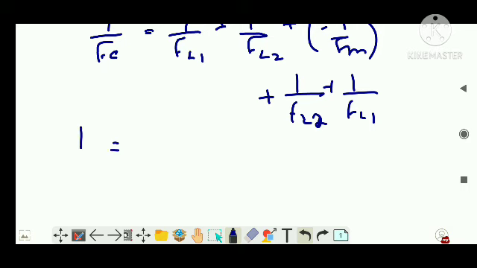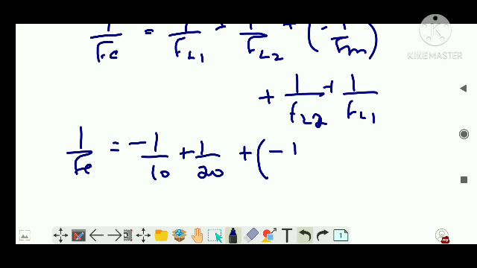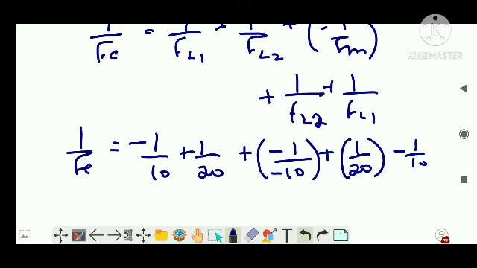That is 1 by Fe, 1 by FL1 is minus 1 by 10 plus 1 by 20 plus minus 10 plus 1 by 20 minus 1 by 10. So this cancels out. No, that is not cancelled. I can cancel this one. This one and this one can be cancelled, right?